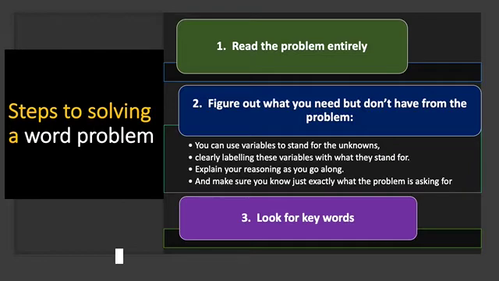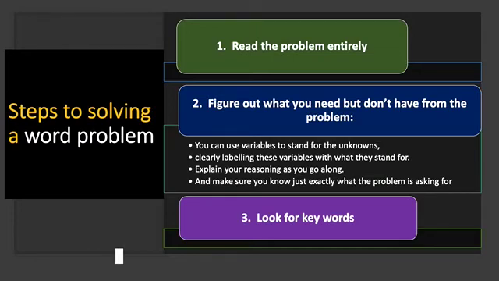Explaining your reasoning as you go along, and make sure you know just exactly what the problem is asking for. You need to do this for two reasons. Working clearly will help you think clearly, and figuring out what you need will help you translate your final answer back into English. The third step is to look for keywords. Certain words indicate certain mathematical operations, as we've learned earlier.